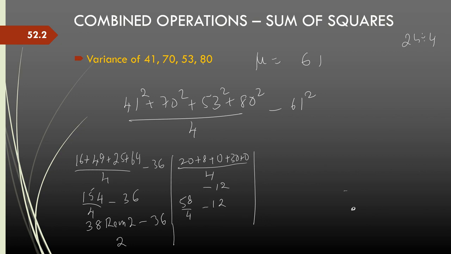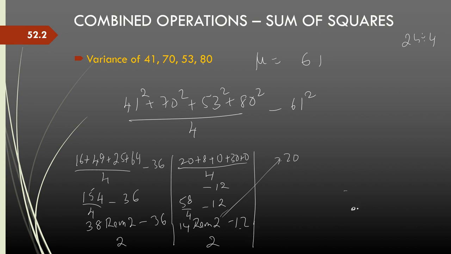I will work it out similarly: 58 by 4 is 14, remainder 2, minus 12. Again this remainder 2 will go here as 20, and 14 minus 12 is 2. So, the second part of the variance answer is 2.